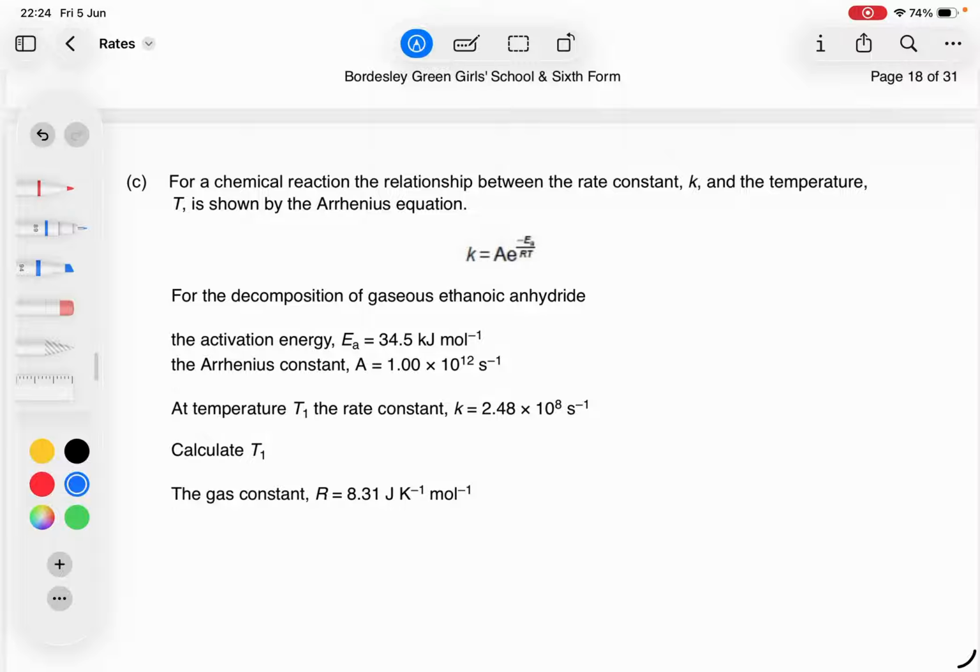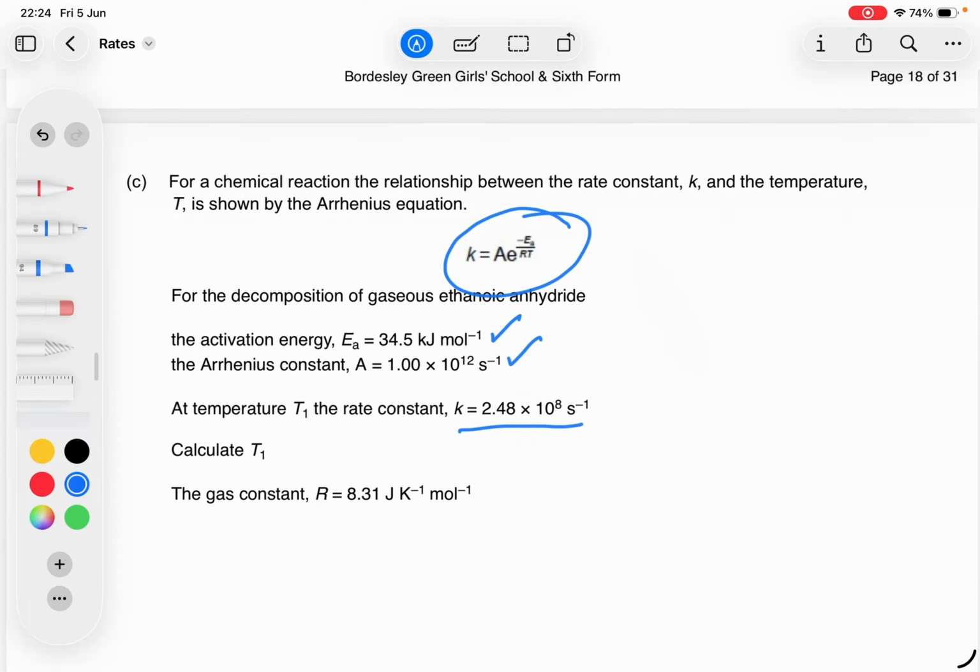The question says at temperature T the rate constant is given, and for a chemical reaction the relationship between rate constant and temperature T is shown. For the decomposition, you're given Ea, you're given A, and you have to work out T.